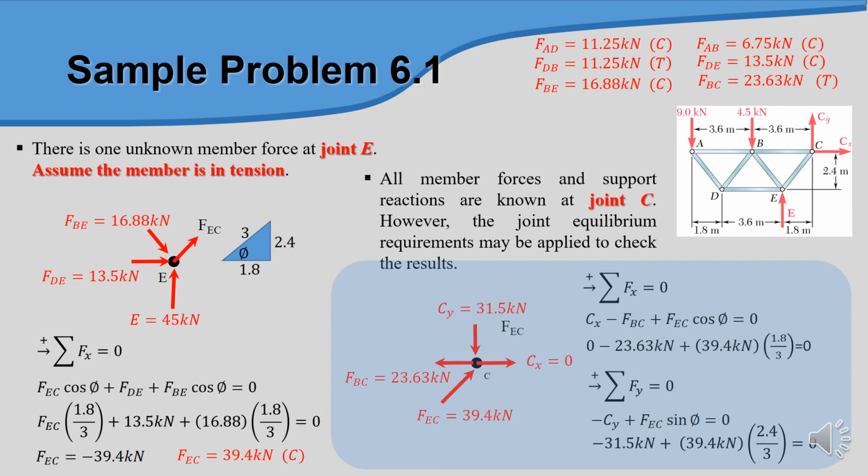If you proceed using the net force along the x-axis, you will get the value in equilibrium, and you can also proceed along the y-axis, where the value is in equilibrium.